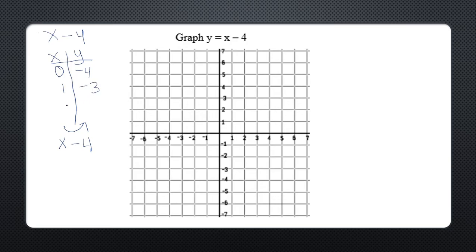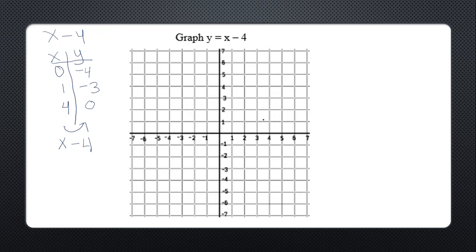If I take a number like 4, that one's easy. 4 minus 4 is 0. So it doesn't matter which numbers you use. You just have to make sure that you're doing the rule every time. You're subtracting by 4.